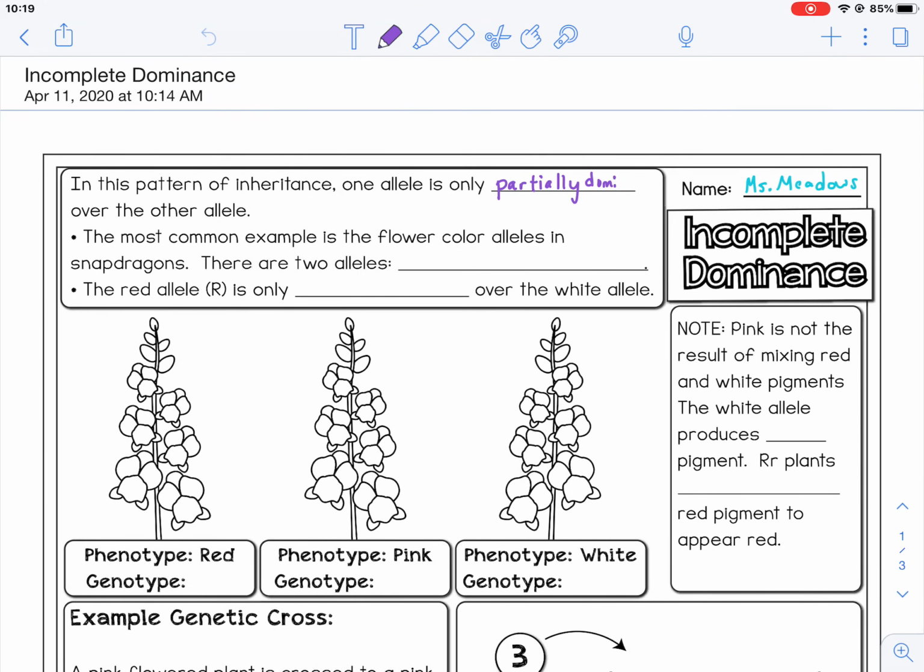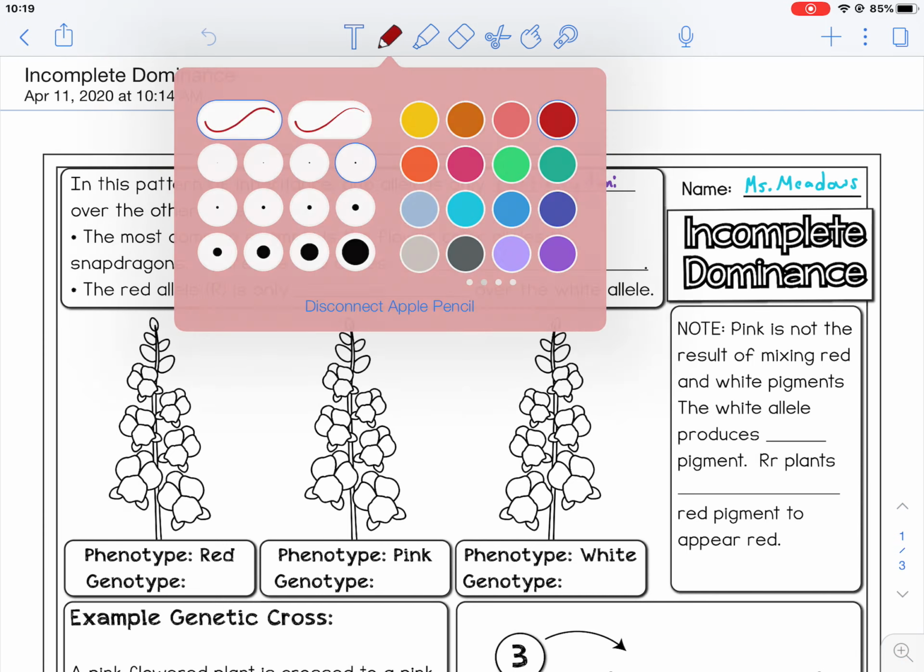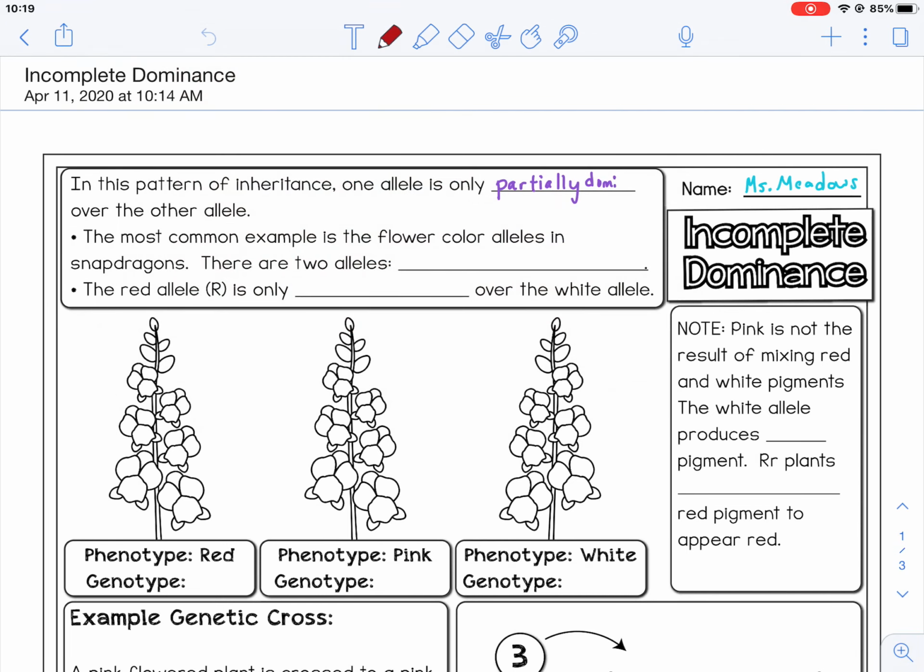So the two alleles that we're dealing with here are big R for red. Remember, in biology we say big R and little r, and then little r for white.